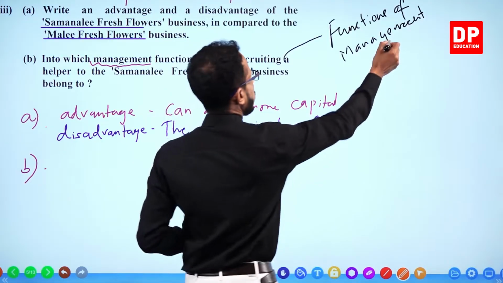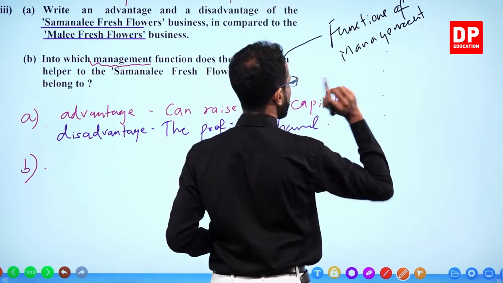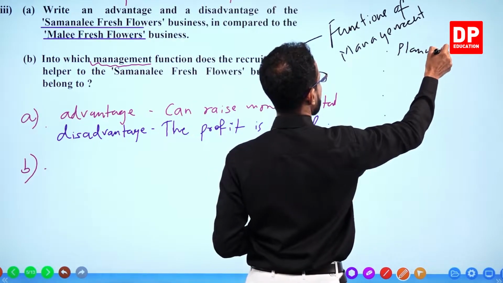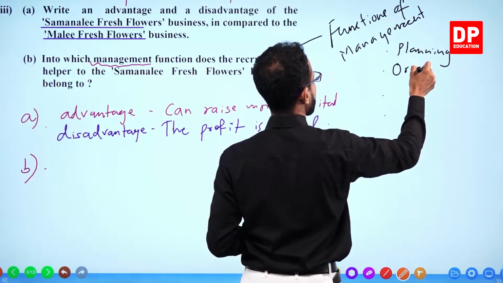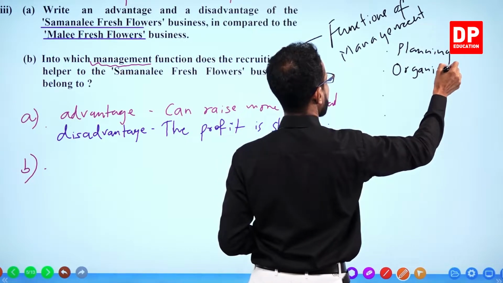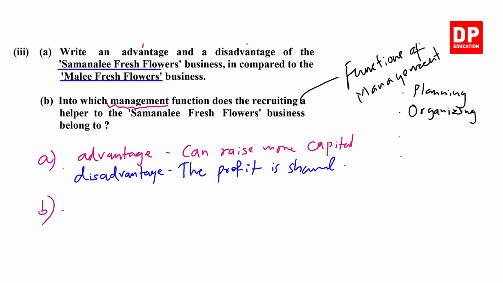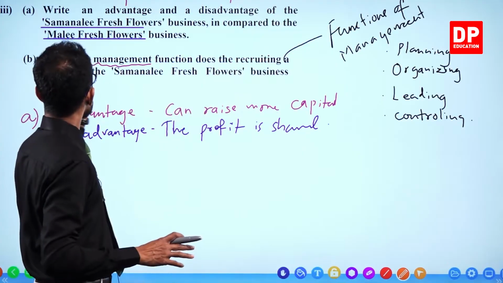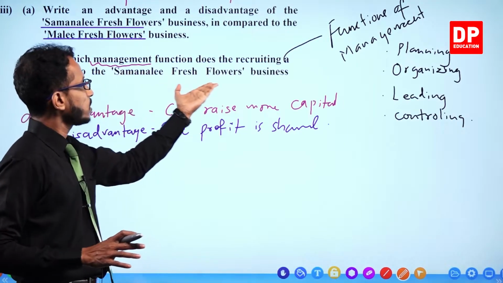Planning, organizing, leading, controlling. Which management function has this part: recruiting employees and giving out job roles?